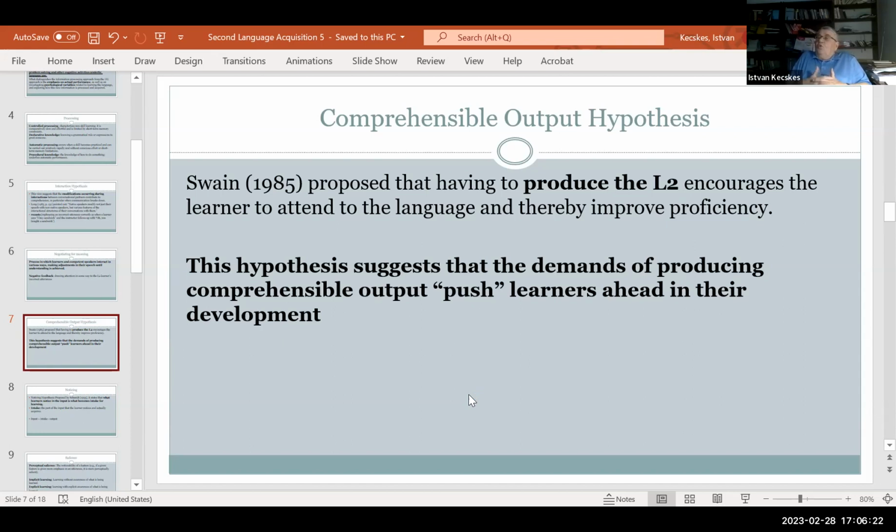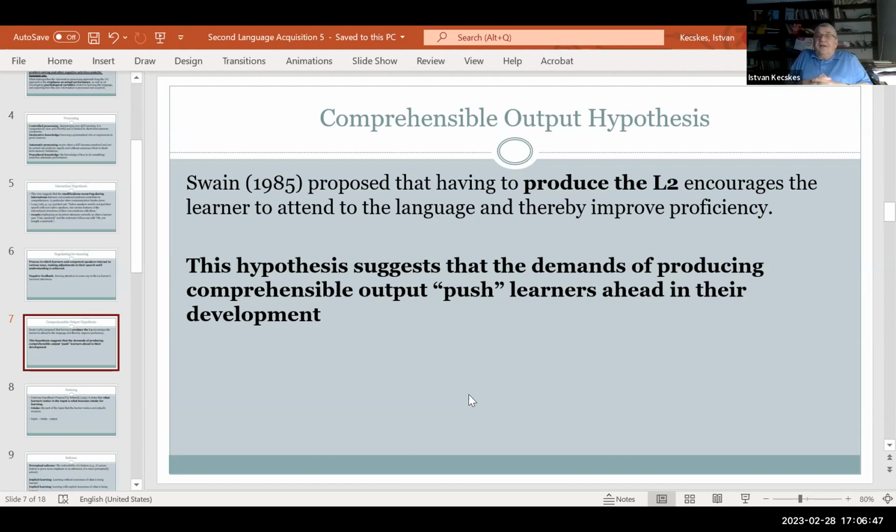Merrill Swain said that no, we actually have to ask the learners to produce, because that's the best way to improve proficiency. So this hypothesis basically suggested that the demands of producing comprehensible output push learners ahead in their language use and in their language development.